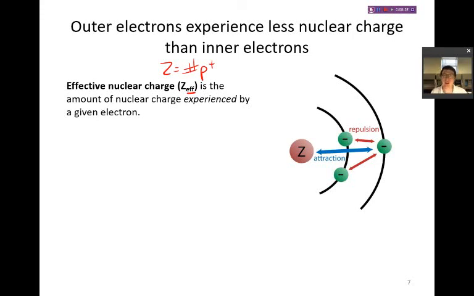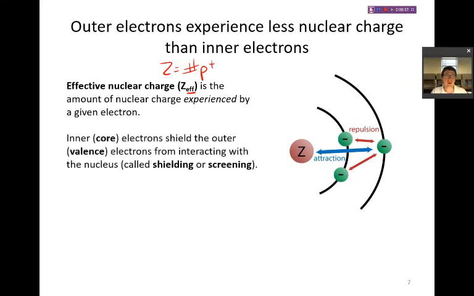And electrons that are closer to the nucleus end up repelling the electrons not only within that shell, but within outer shells as well. They end up blocking the outer electrons from the nucleus in what we call shielding or screening. And so our inner, or core, electrons will shield the outer or valence electrons.